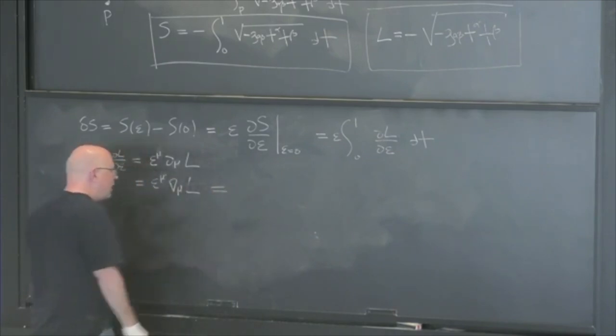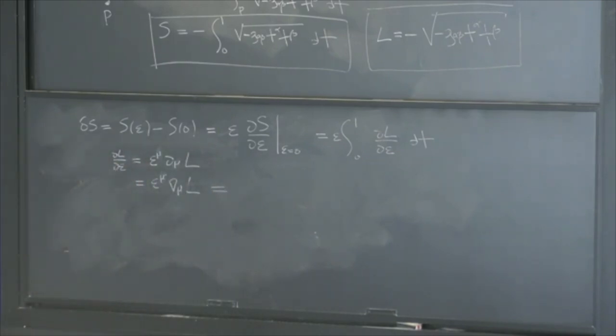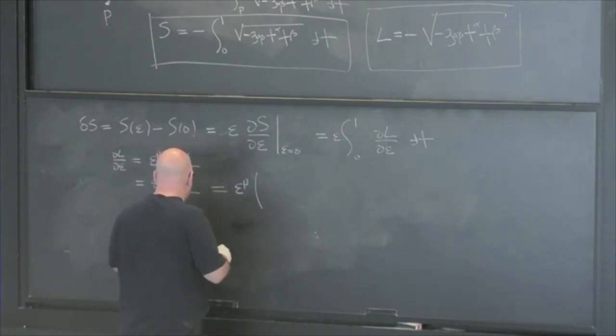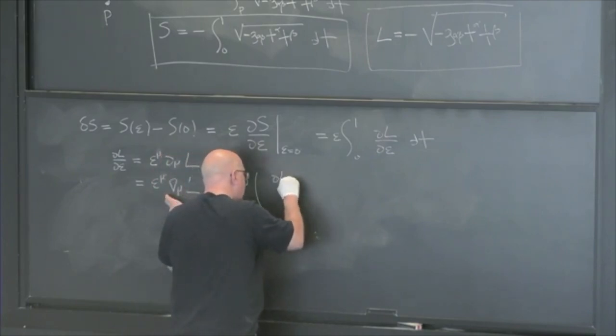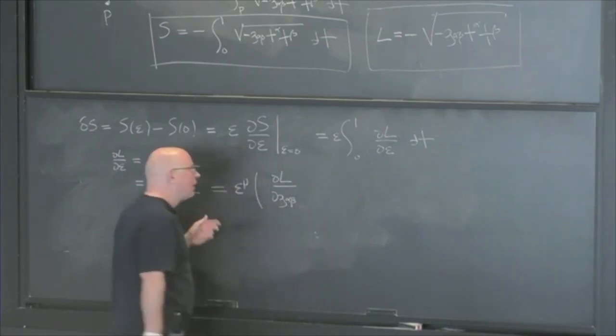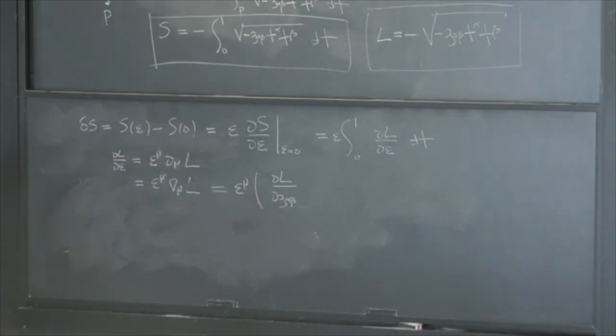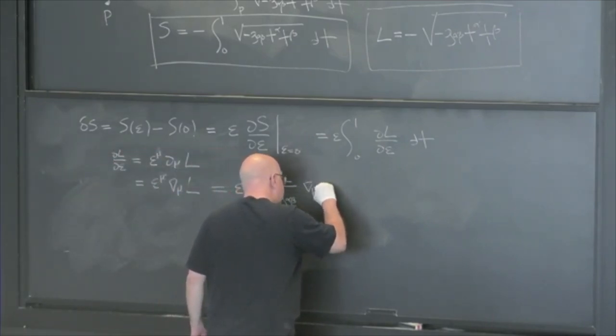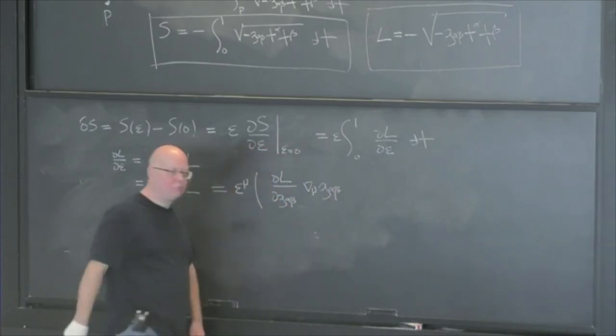Okay, so how do I calculate that derivative of L? Well, L depends on two things. It depends on the metric, and it depends on t. So I'm going to take a derivative with respect to each, and then apply the chain rule. So first I have the epsilon vector, and then to take this derivative, the first thing I'm going to do is to take a partial derivative of L with respect to the metric, which we can calculate if we wanted to. And then, applying the chain rule, I'm going to take the covariant derivative of the metric.